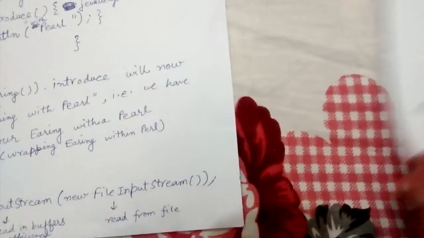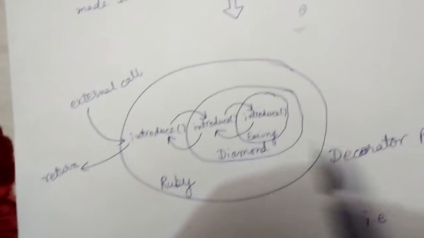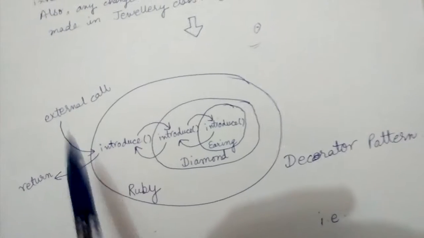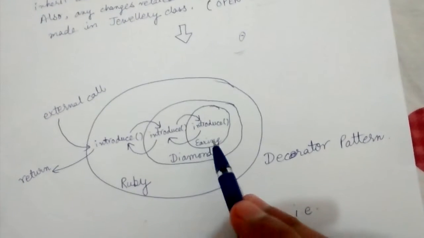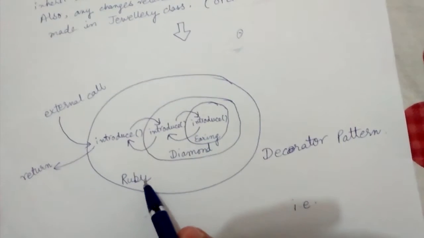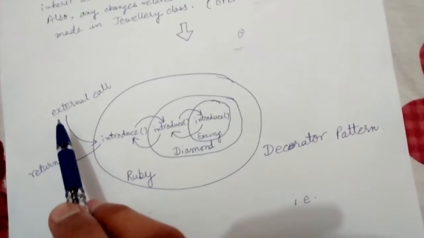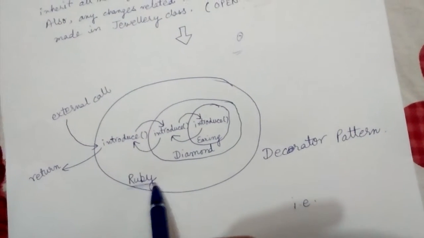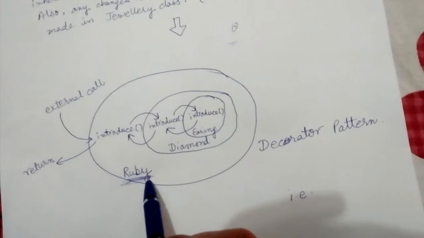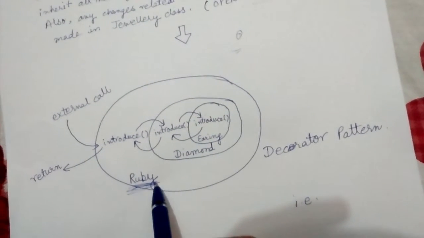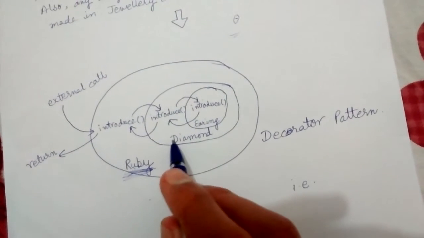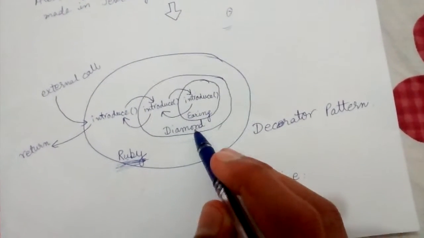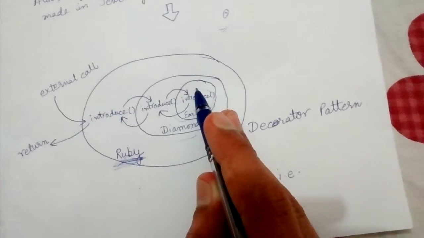So let's now look at this diagram to make everything clear. This is our earring with diamond and ruby. So basically the most external will be ruby, a diamond will be wrapped inside it, and inside it an earring will be wrapped.